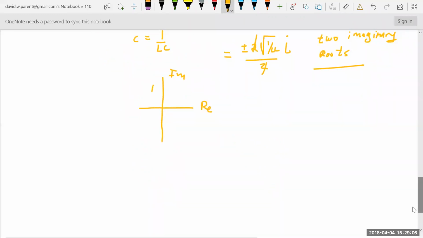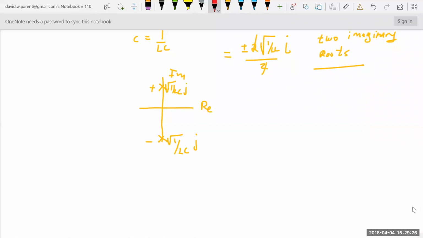So I get plus square root 1 over LC j, minus. So there's 2. Real would be 2 here. 2 distinct real roots. So that would be over.